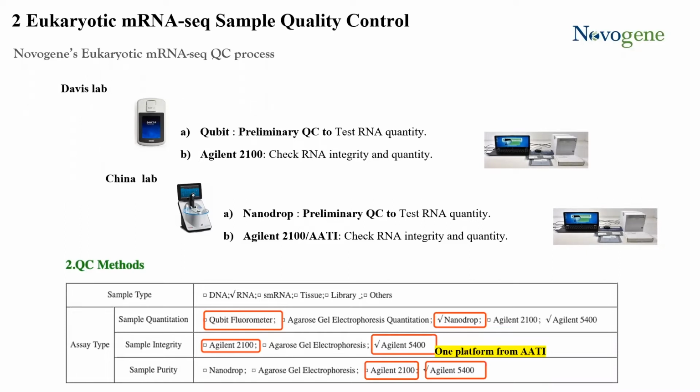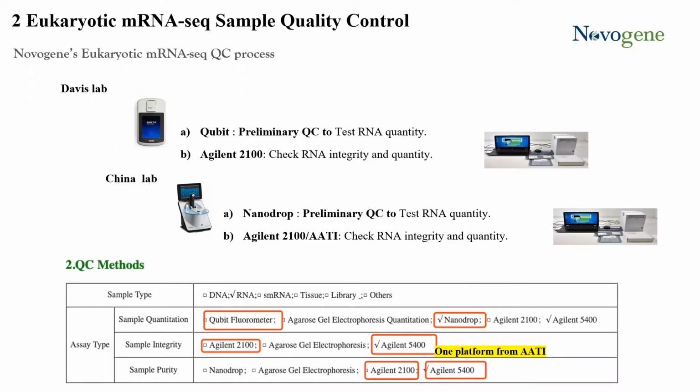AATI stands for Advanced Analytical Technologies, which was acquired by Agilent. It's the Agilent 5400, a fragment analyzer that works on the automated parallel capillary electrophoresis principle. It's used for nucleic acid QC analysis and is fully automated for a wide range of molecules.